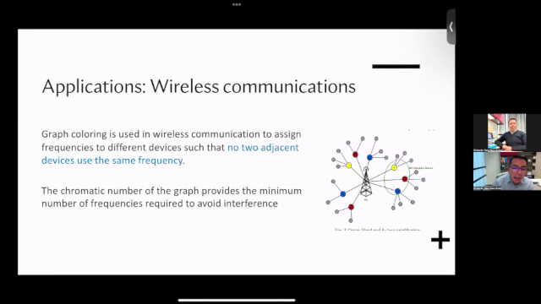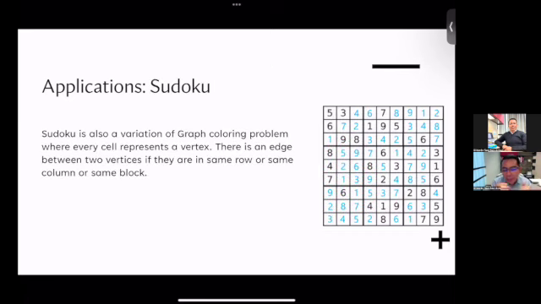There are some other applications, like in games that we play commonly, like Sudoku. And in this case, what we are going to do is to use a vertex for every cell of the Sudoku, and we will connect those vertices by an edge if they are in the same row or the same column or the same block.